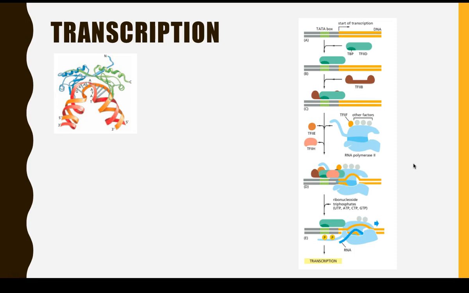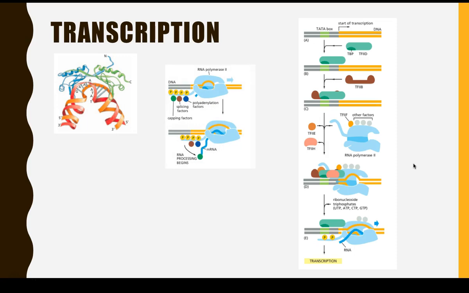Once transcription factor 2B is bound, RNA polymerase II binds with a small subunit of TF2F. TF2E joins the complex, and finally, TF2H binds to the tail of the polymerase and completes the pre-initiation complex, allowing transcription to begin.